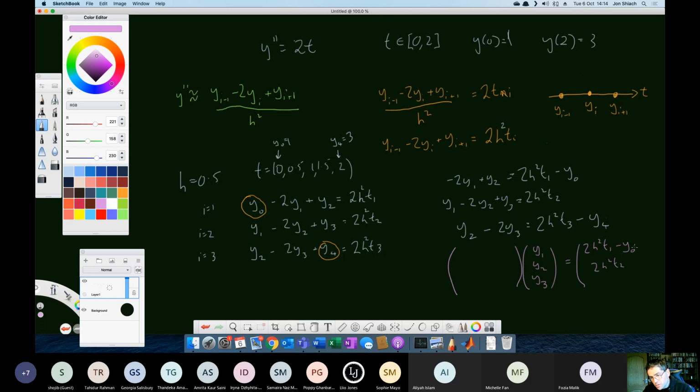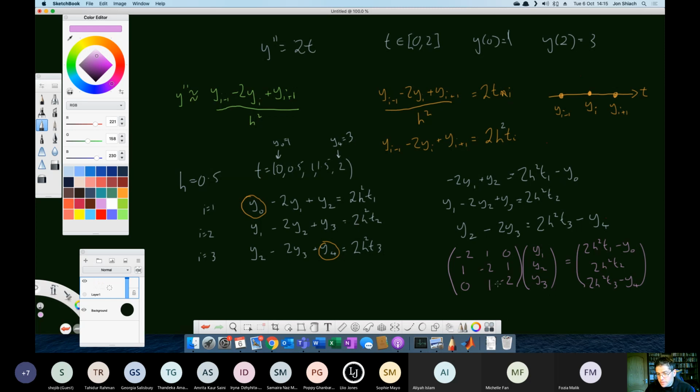All these values are known to us, by the way. t3 minus y4. And here are the coefficient values: minus 2y1 plus y2 plus 0y3. We've got 1y1 minus 2y2 plus 1y3. I've got 0y1, 1y2 and minus 2y3.